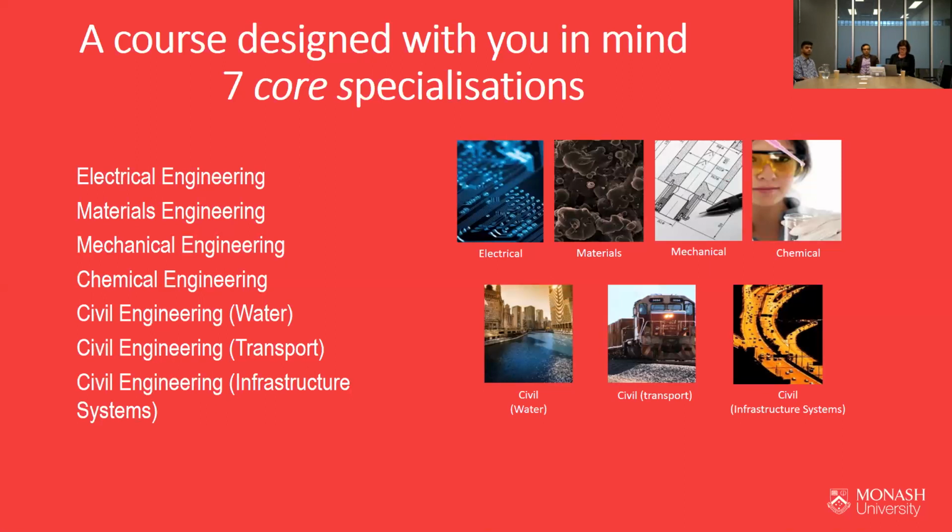We have 3 specializations within the umbrella of civil engineering: water, transport, and importantly, infrastructure engineering. These programs are specializations. So if you have done your undergraduate degree in any of the related programs and you continue with these programs, you can be sure that you will get a very high level of expertise in your field.